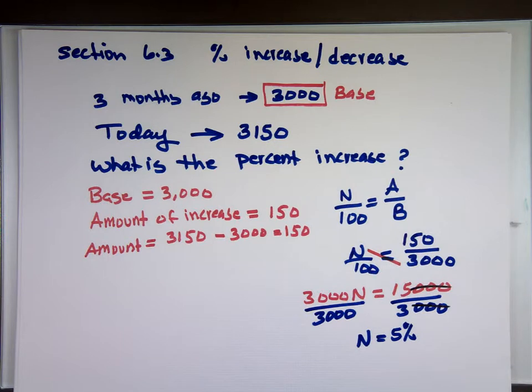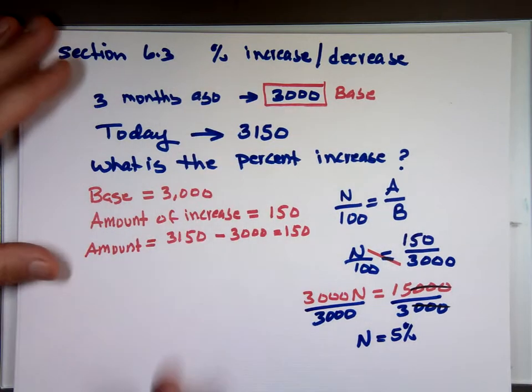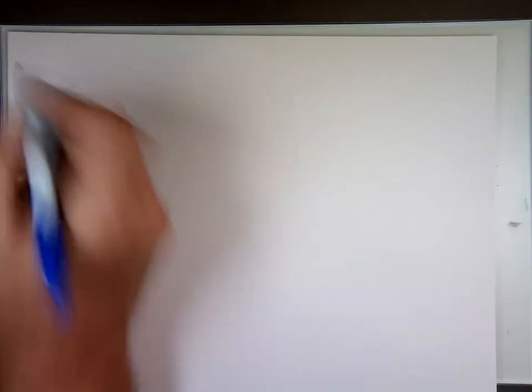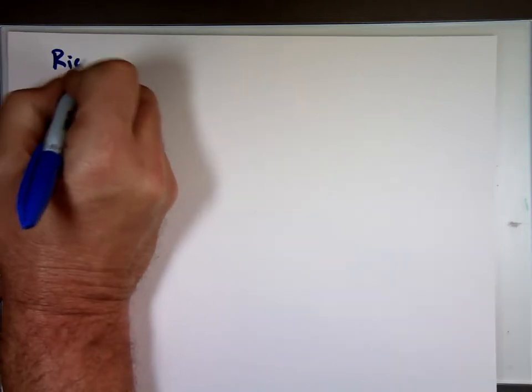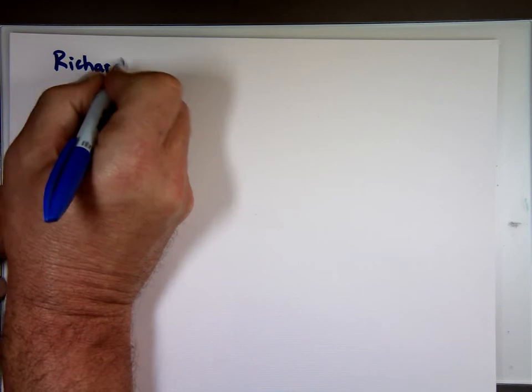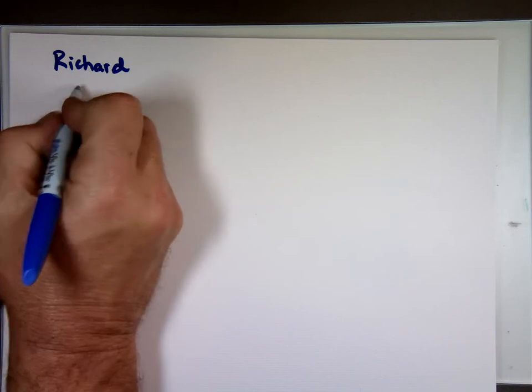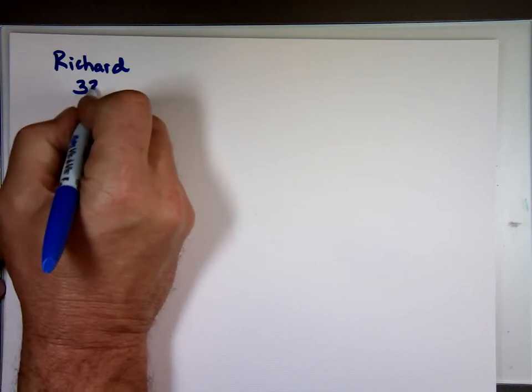Let's do one with a percent decrease. Does anyone watch The Biggest Loser, that show on TV? Well, that works on this logic. We'll take some names here. I'll use Richard here. Let's say Richard came to the show weighing 330 pounds.